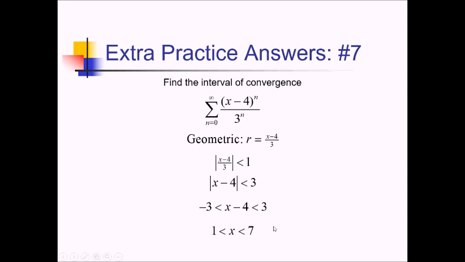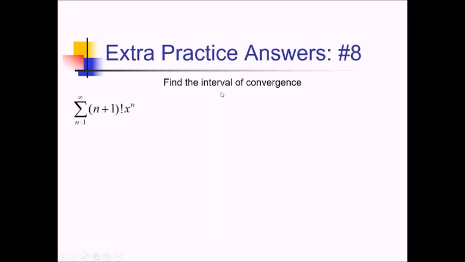To find the interval of convergence for this non-geometric series, we're going to have to use the ratio test. So I've got limit as n approaches infinity of the n plus 1th version of this over the nth term, all inside an absolute value. So we've got n plus 2 factorial times x to the n plus 1, that's the n plus 1th version of that, all over n plus 1 factorial times x to the n.